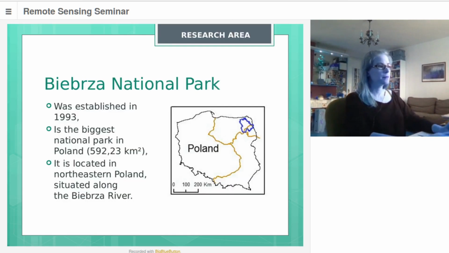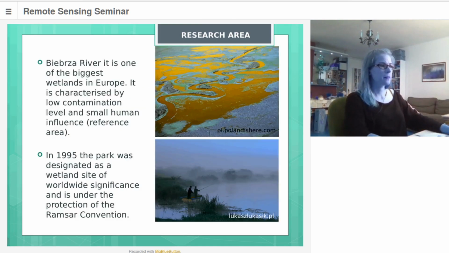The area of the research is the river in Biebrza National Park. Here we have it on the map. It is the biggest national park in Poland. It was established in 1993, and it is located in the northeastern part of the country, situated along the Biebrza River. This is one of the biggest wetlands in Europe.